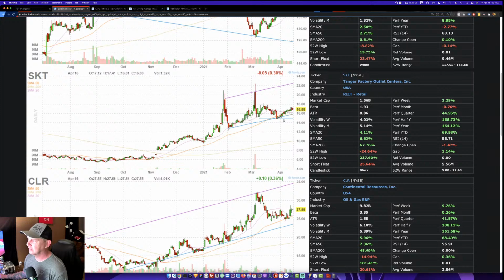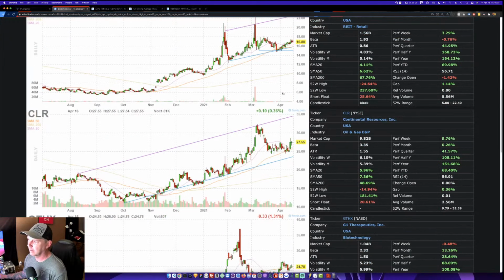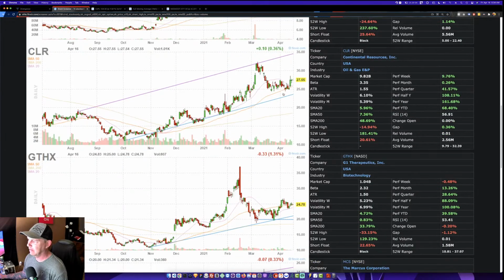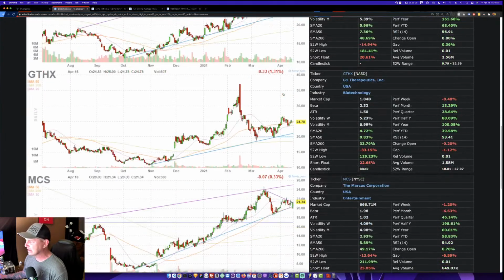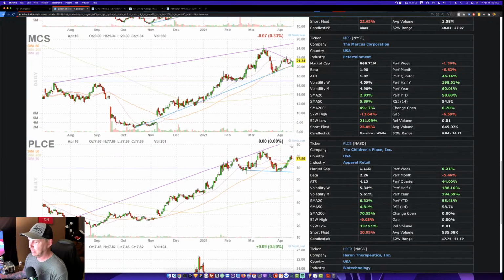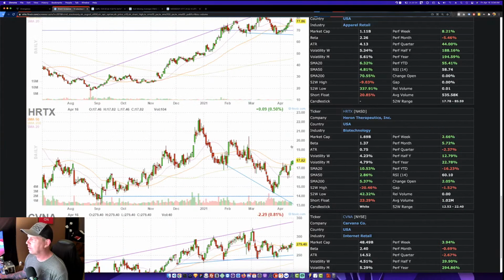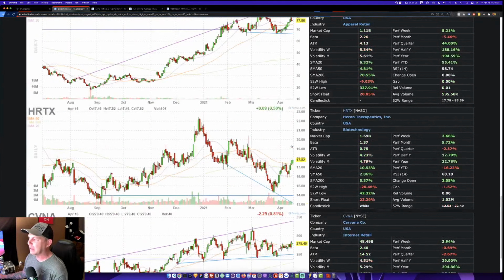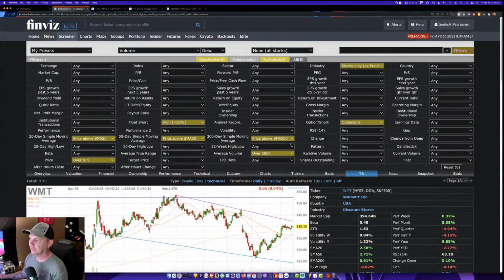SKT is at the bottom of trendline resistance, so it has more upward potential than Walmart. CLR, all of these look pretty decent so far. The only one I'm not super enthused about is MCS.